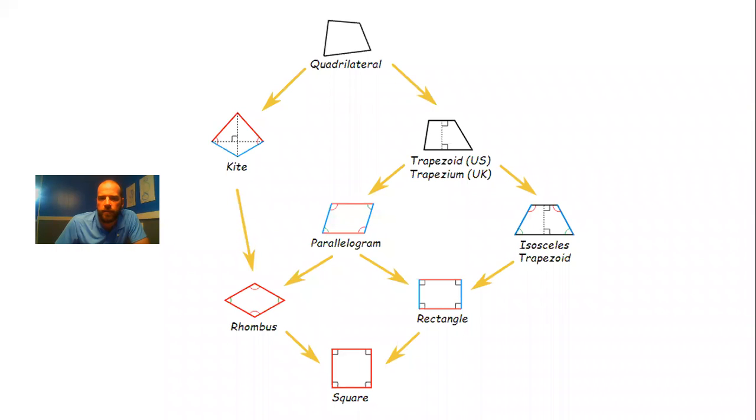This is a hierarchy chart, and it's saying, if you're a quadrilateral, you are either going to be, well, this is a bad graphic because we don't really focus too much on kites. So you are a trapezoid or a parallelogram. And if you're a parallelogram, you're a rectangle, a rhombus, or a square.